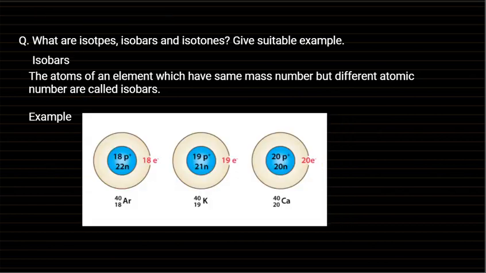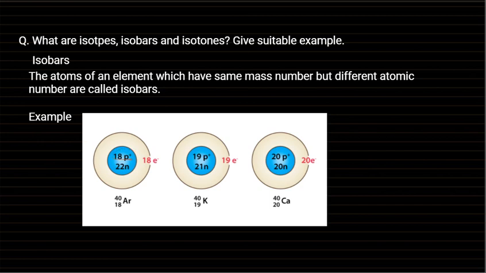Now next, let's discuss isobars. The atoms of elements which have the same mass number but different atomic number are called isobars. So let's take the example. This is argon, this is potassium, this is calcium. In the case of argon, how many protons are there? 18 protons.